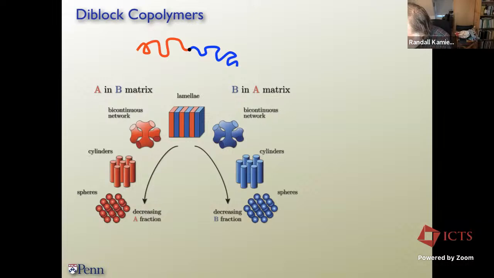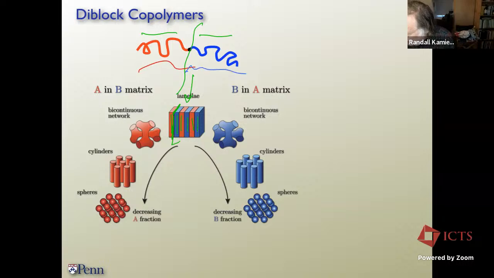So they form the simplest phase here where you have equal amounts of red and blue. And what they do is they just form these layers. By making layers, they minimize the interface. See how minimal surfaces come up right away? You have red on one side and blue on the other side, like so.